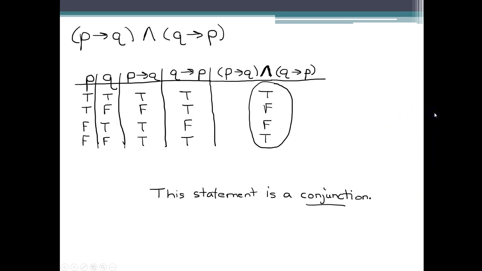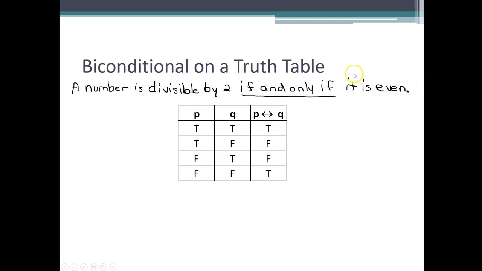Because in the previous slide, when we did if P then Q and if Q then P, the final column was TFFT. That's because a biconditional is equivalent to if P then Q and if Q then P.